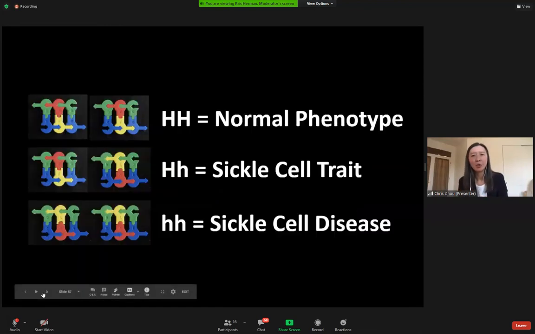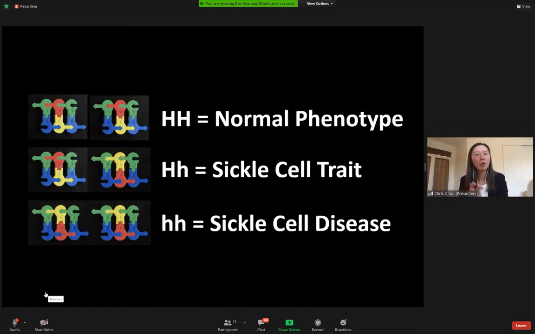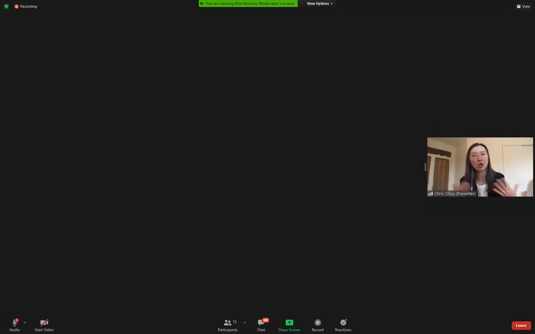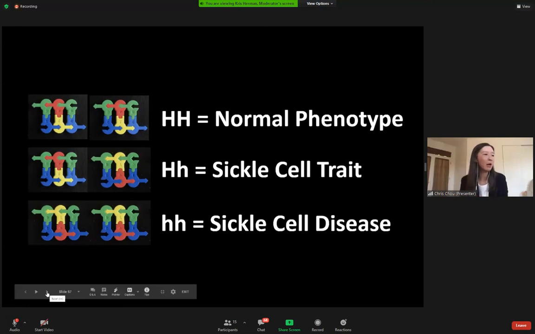You can talk about how the normal shaped cells give you a normal phenotype, and the sickle shaped cells, due to that mutation in the beta globin gene, could give you abnormal cells and cause sickle cell disease. And if you inherit one of each copy, you get sickle cell trait. So on the outside, you appear pretty normal unless you're in certain situations where you may have low oxygen levels, and that might tend to show up. But for the most part, they're pretty healthy.